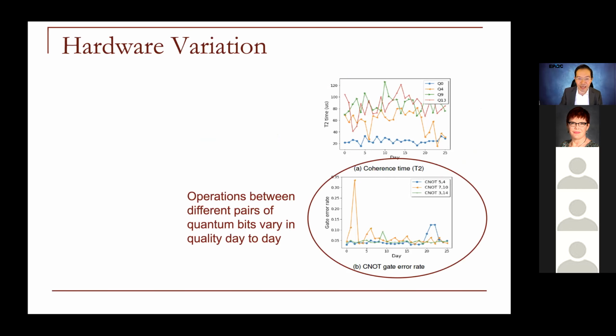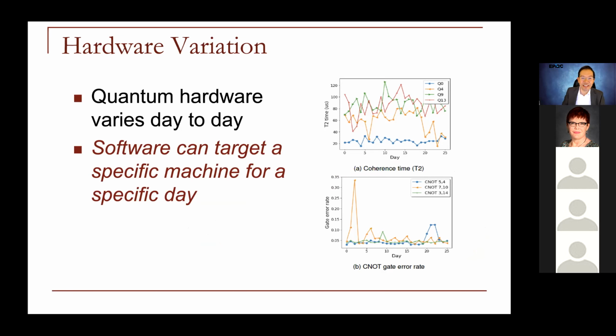And if you look at doing gates or operations between different qubits, here we have operations between 3 different qubits. That also varies significantly day to day. Here we have plotted the error rate versus each day. And once again, it's not even the same pair that's the worst every day. So the idea is, we can build our software to target a specific machine for a specific day.